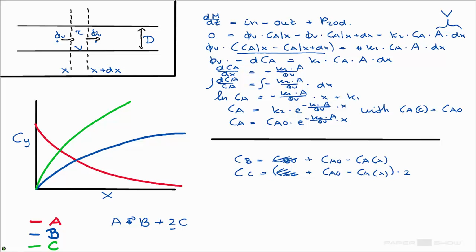Now the question was how long the reactor should be for the concentration of C not to exceed 11 kilograms per cubic meter, since that would poison the catalyst.